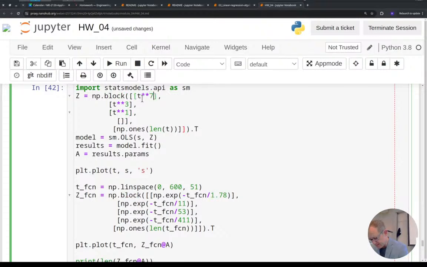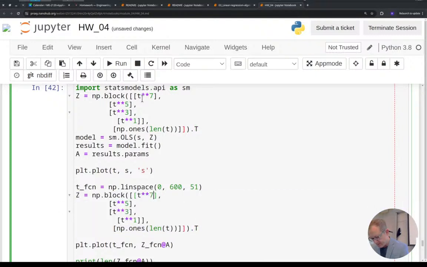Let's go 7, 5, 3, 1. I guess we're out of time.